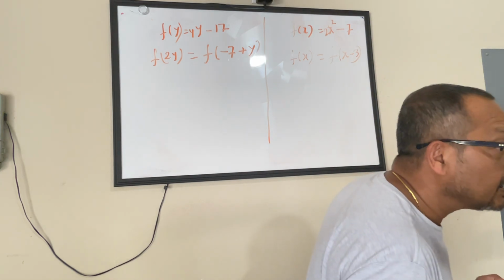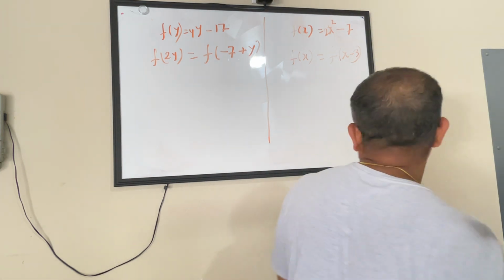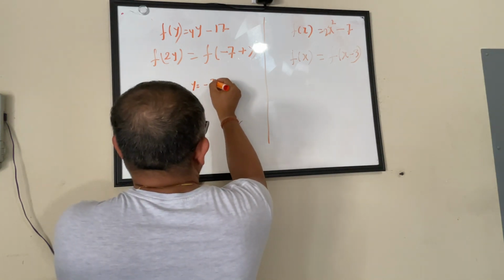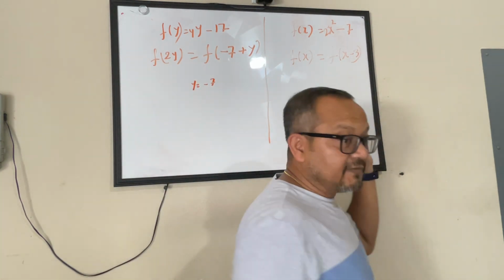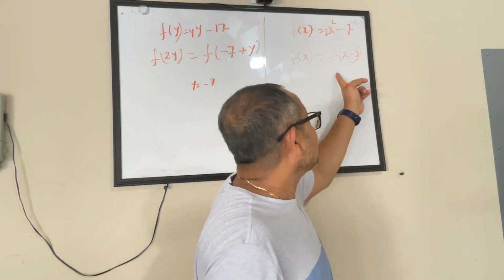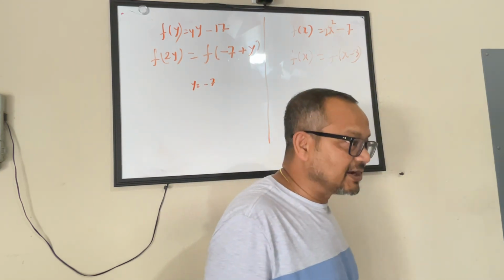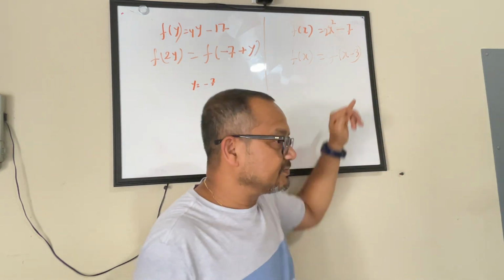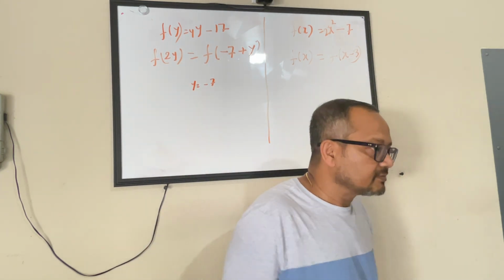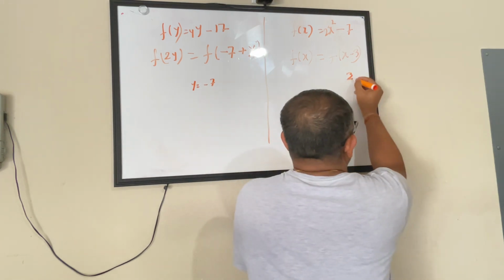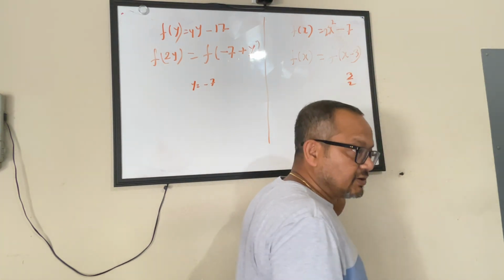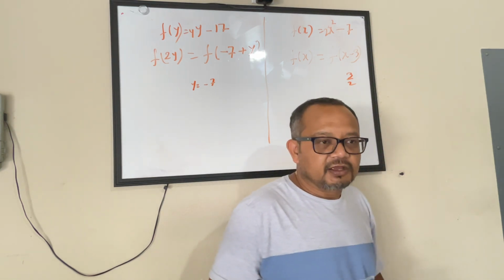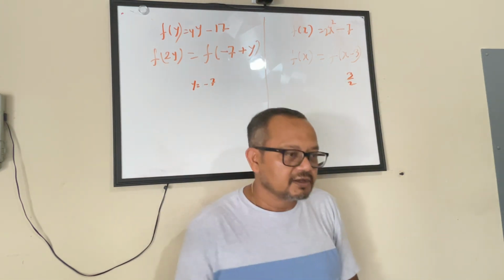Negative 7. So we got y equals negative 7. While we are waiting for others to finish, you want to try the second one also? Second one is done? Both are done? Okay, good. How much is the second one? 3 over 2. That's it? Only one answer? Okay. So we got one answer.